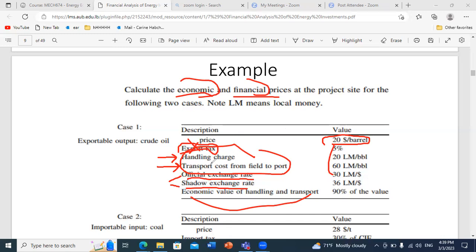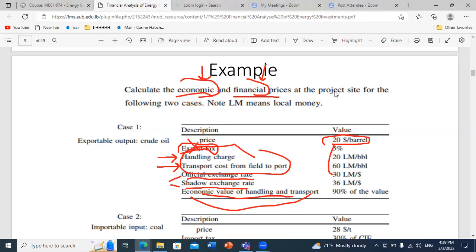These prices are considered to be a benefit for the society, so you don't include them in the economic analysis, but you include them in the financial analysis. This is why the economic value of handling and transport is 90% of the value that you should take into consideration in financial analysis.